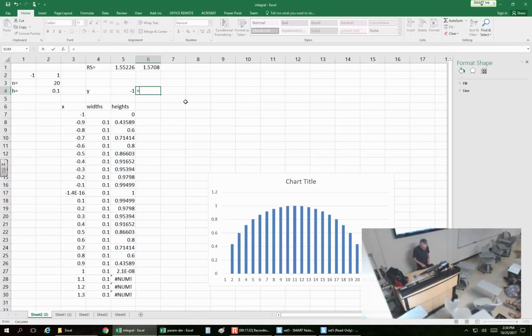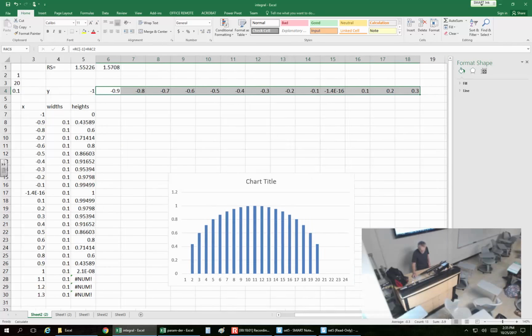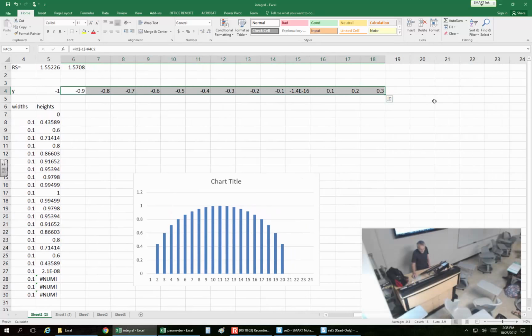So y is equal to the previous one plus this one, which is row 4 again, C2. Then I have as many y's as necessary. I guess I don't have quite enough room to have them all.